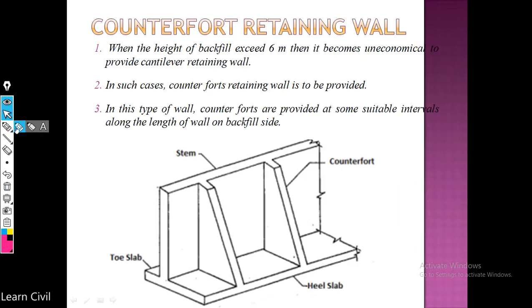The next type of retaining wall is a counterfort retaining wall. Whenever the height of a retaining wall is more than 6 meters, this type of retaining wall is constructed. You can see here a counterfort retaining wall is shown. We will have soil mass on this side, and the soil will exert pressure in this direction. So what is done additionally in comparison with the cantilever retaining wall? The structure is similar: one stem is there, one heel slab is there.